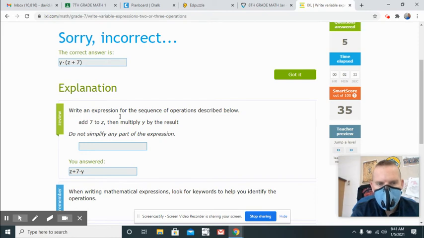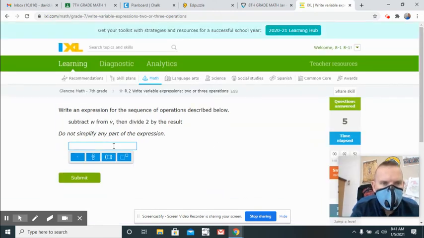Here is why this is incorrect. This technically would say you would have to multiply 7 times y, then add z to it because of order of operations. So notice it says add 7 to z and then multiply your results, right? So you're going to multiply everything in here by y. Not a big deal. Just hit got it.